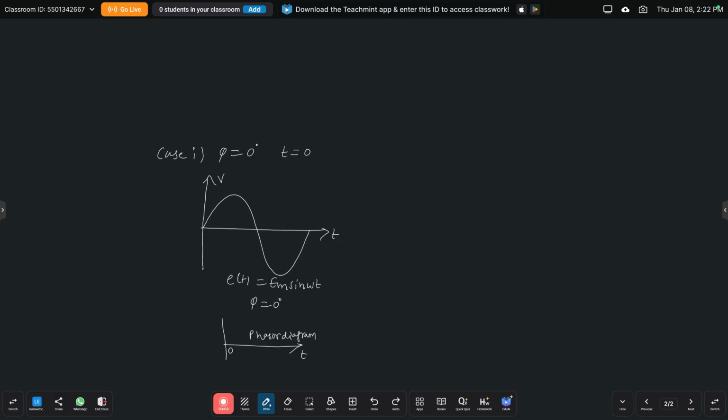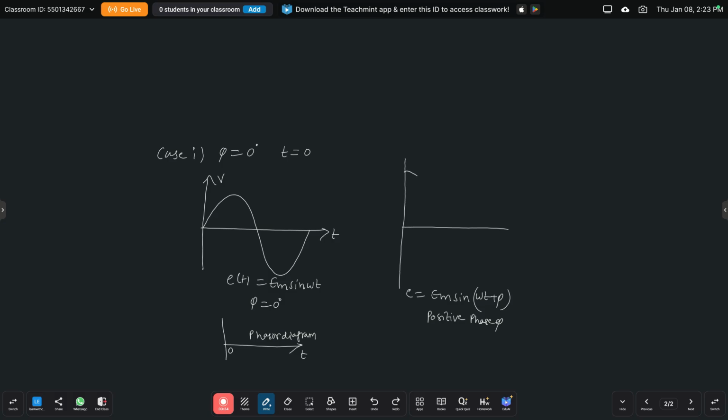Now what is meant by the positive phase? Let us take e equals Em sine omega t plus phi. The positive phase is phi. How do you define the positive phase of any AC quantity?